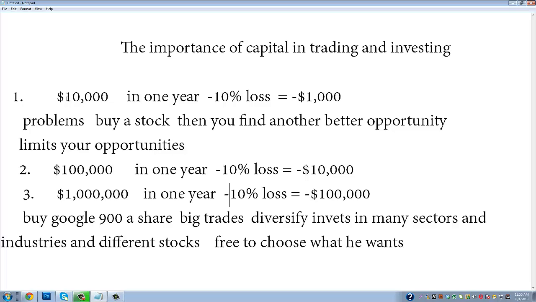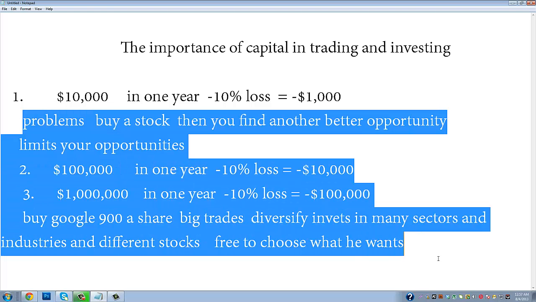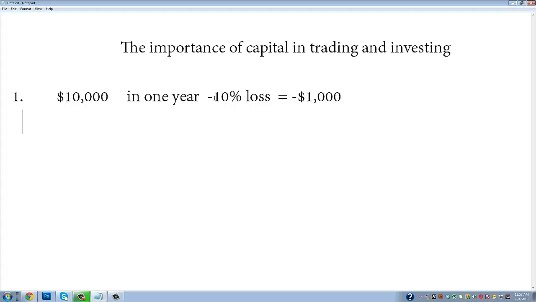Suppose that you have $10,000. If it is 10% each year, how many years will you need to get this $10,000 more? Just as an example, how many years will you need?